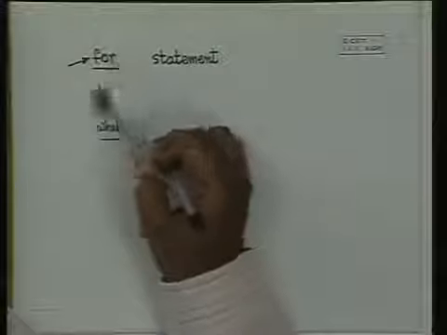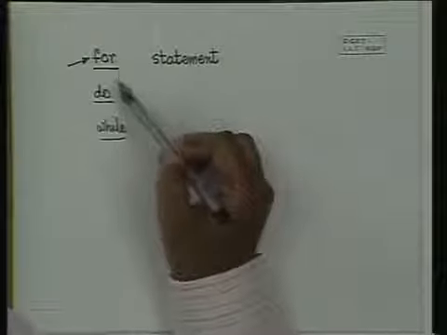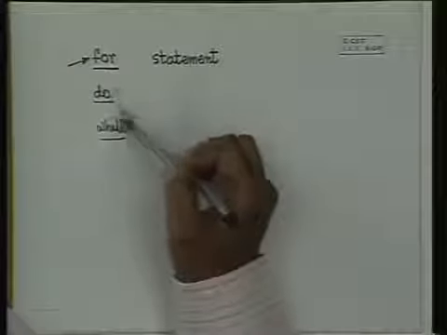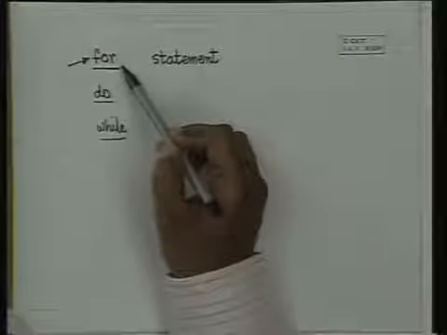For example, you want to go from i to n in steps of 1 or steps of 2 or steps of 4, then the for statement for fixed looping is very useful, whereas for conditional looping, the do and the while statements are useful. But the for statement can also be used for conditional looping. The for statement is quite flexible, and so we will see the for statement for looping next.